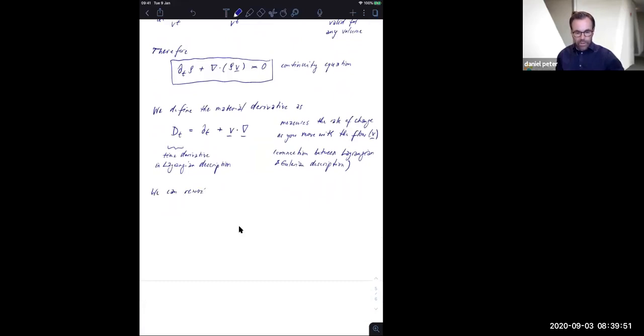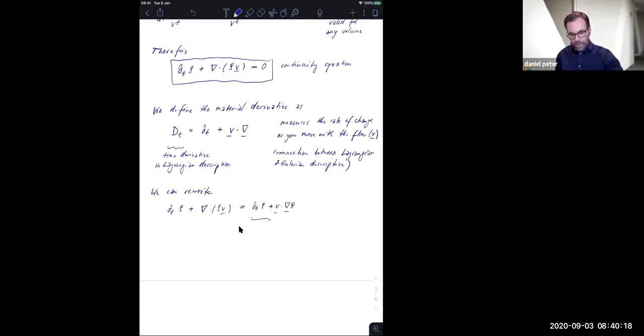So we can rewrite this expression of the derivative of density plus the divergence as being basically v dotted with the grad of rho.